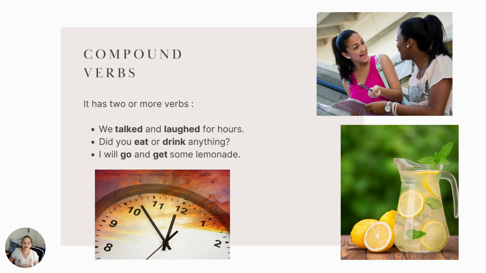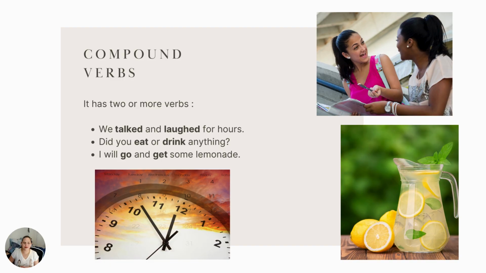Always remember, if you have two or more verbs in a sentence, they always have to agree in verb tense. So if you're writing talked, which is in the past, you have to say laughed for the past as well. You cannot use one in the present and one in the past. They both have to be in the past, or both in the present, or both in the future, or whatever verb tense you're using.